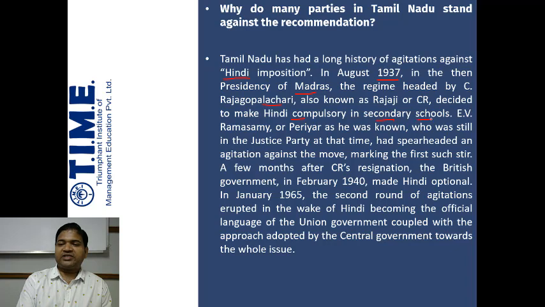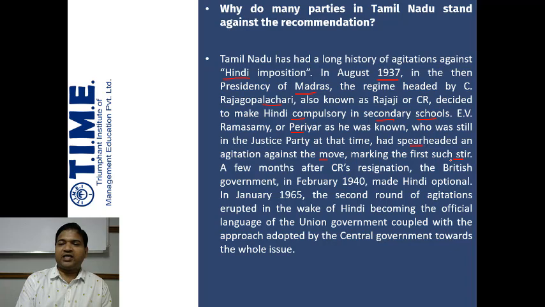E.V. Ramaswamy, or Periyar as he was known, who was still in the Justice Party at that time, spearheaded an agitation against the move, making the first such stir.